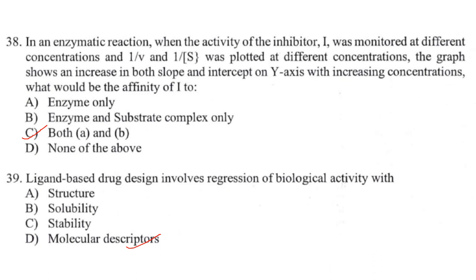What would be the affinity of I? So I think this is a case of mixed inhibition. So it will be enzyme only or enzyme substrate complex only. So answer is option C.